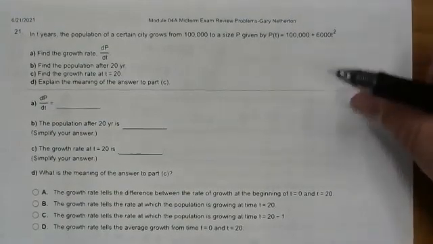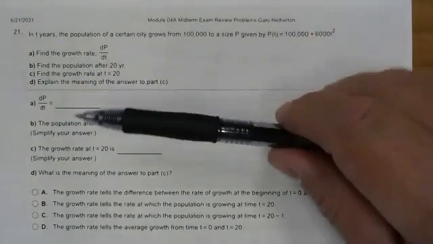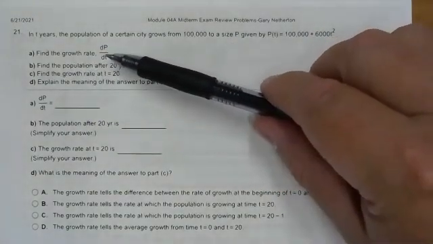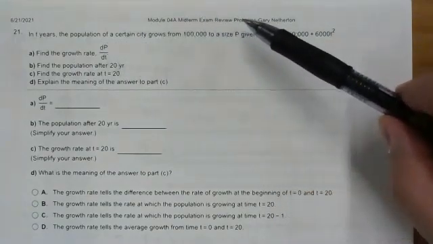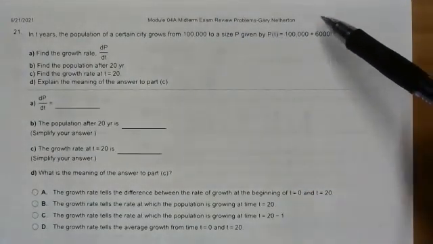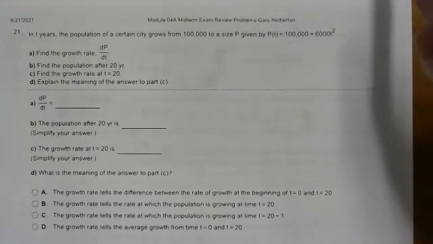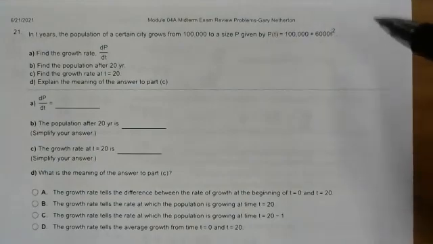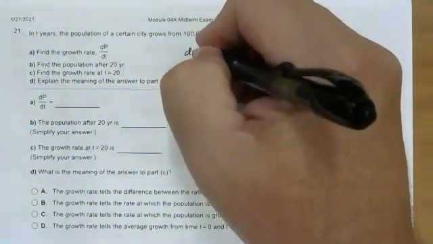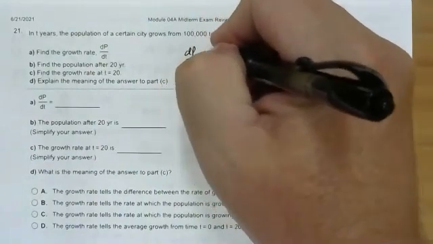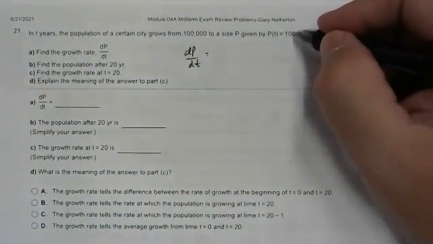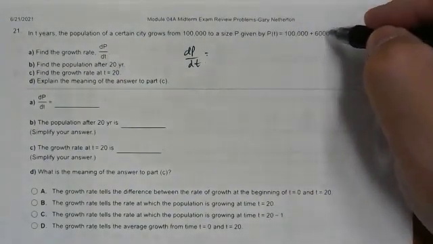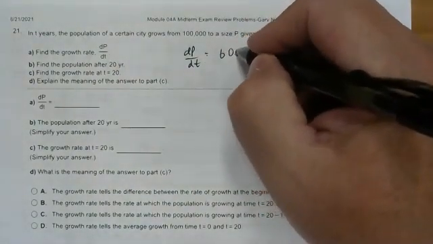Of course, we're also going to look at some calculus kinds of things. The growth rate is another word for derivative. So what they're going to do now is take this equation and take the derivative. So we have P of t equals 100,000 plus 6,000 t squared. If I want to get the derivative dP/dt, well, this first term is a constant, so the derivative is 0. This one has 6,000 as a coefficient.